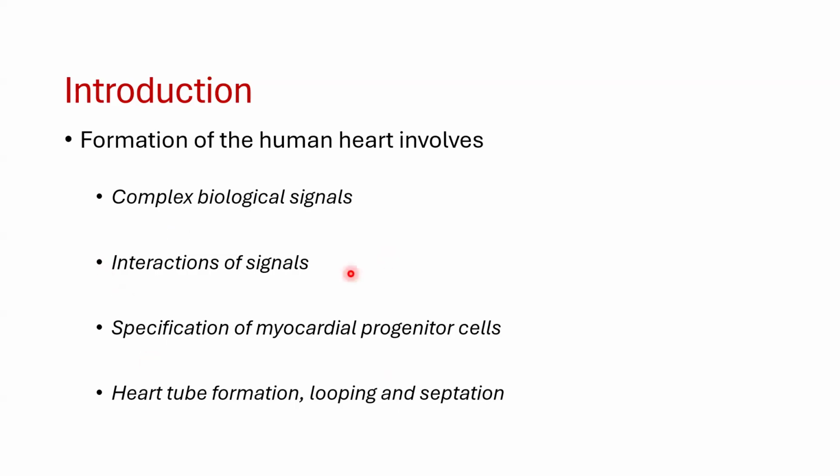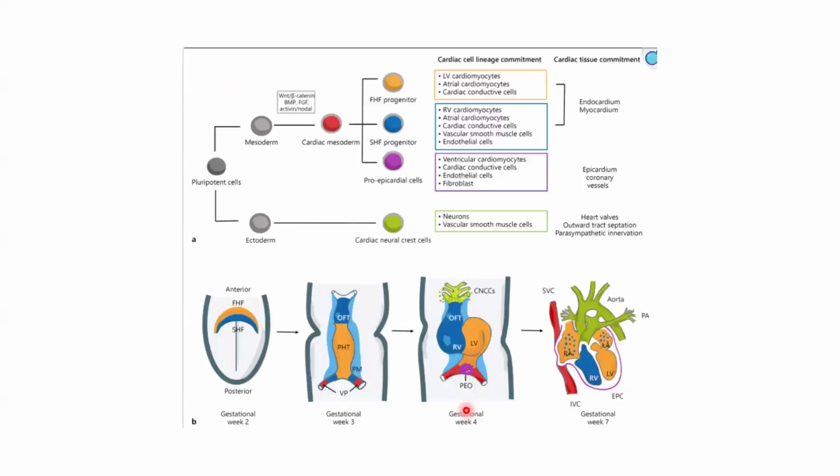Once you make those decisions, then you can actually start building your foundation. You build the walls, and then you build the roof, and then you have a full house. So essentially, that is how the heart is programmed as well. This is one image that over the years has really made me have a good understanding of the processes. Like I said, there are pluripotent cells, and they are programmed to form the mesoderm.